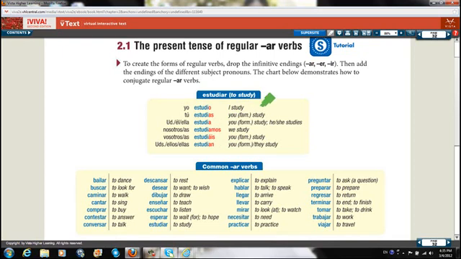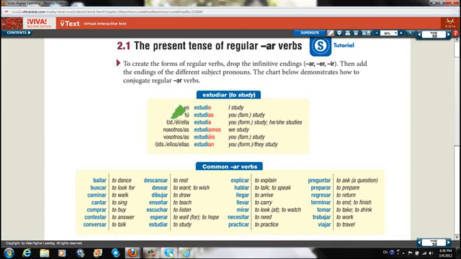So, how do we make a verb come alive other than the verb ser? By the way, can we conjugate the verb ser without looking? Let's try. Uno, dos, tres. Yo soy. I am. Tú eres. You are.